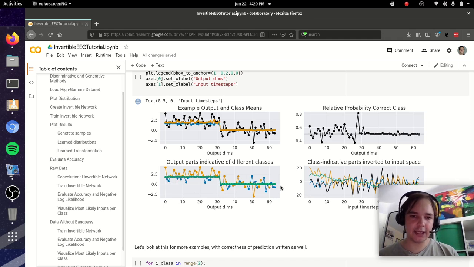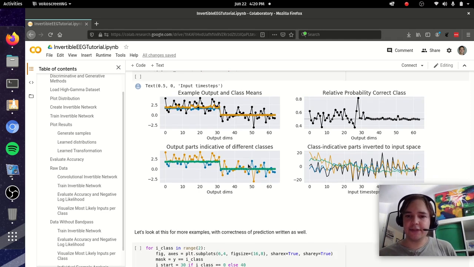So this green line again is the neutral points in between the two classes. For each dimension here, the green point will have equal likelihood under both classes. So if we reset all of these blue points to the green line, then in theory only the parts of the signal that indicate the resting state should remain in the signal, and everything else should be reset to some default value in a sense.